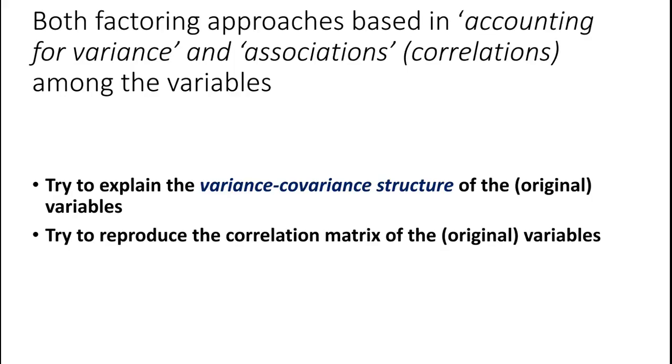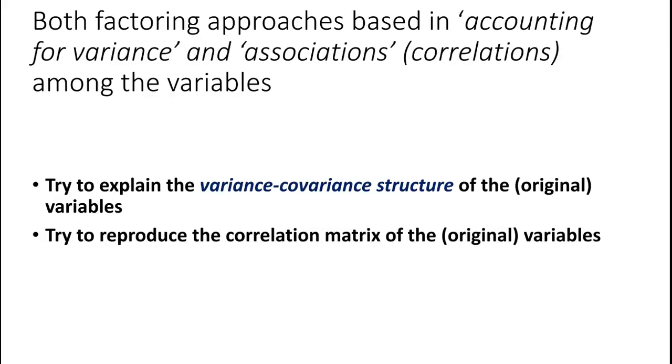Of course, we're not going to entirely reproduce it, but the extent to which we can reproduce it tells us something about how well our model fits. How well our model fits answers the question: is the patterning of responses here best explained by assuming some underlying within-person data generator that perhaps is unidimensional, perhaps is bidimensional, something like that?